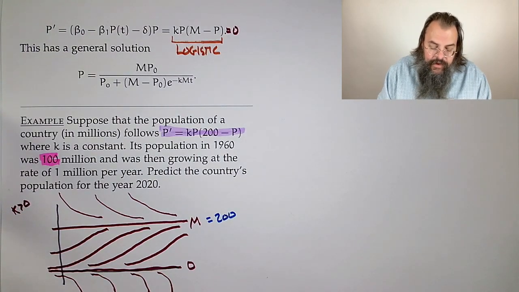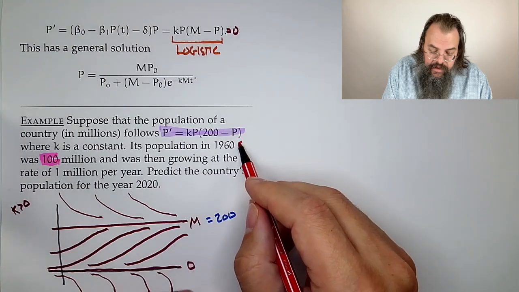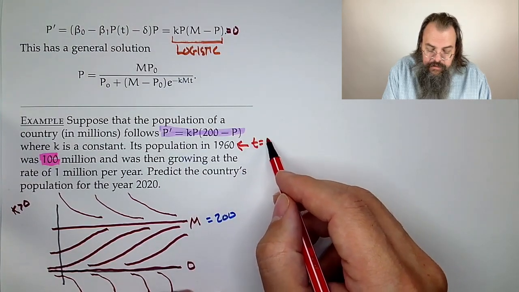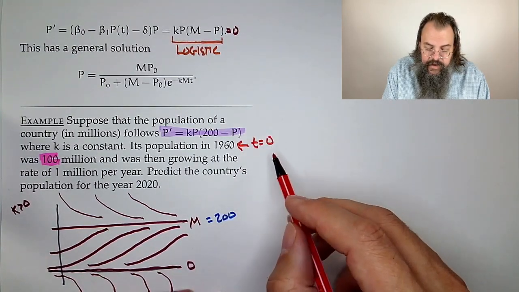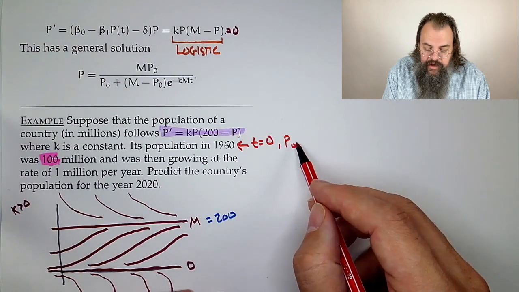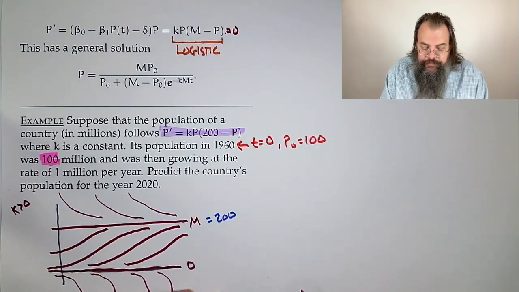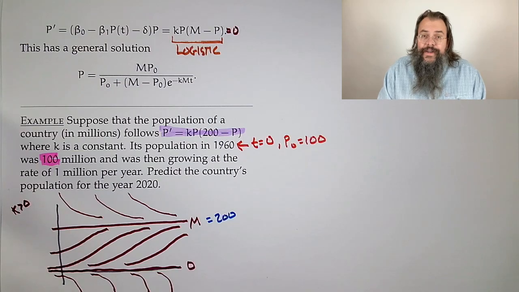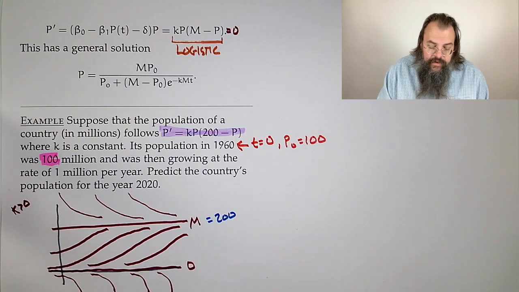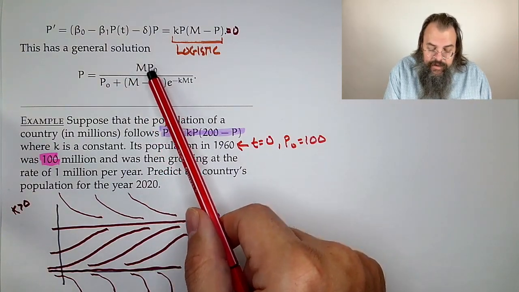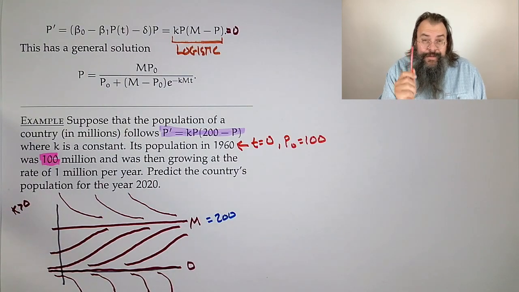So we're going to let 1960 correspond to time equals 0. And then we have that our population at that time equals 100. Okay, good. Now we have a lot of pieces. We have our m, we have our p0. We still miss one thing.